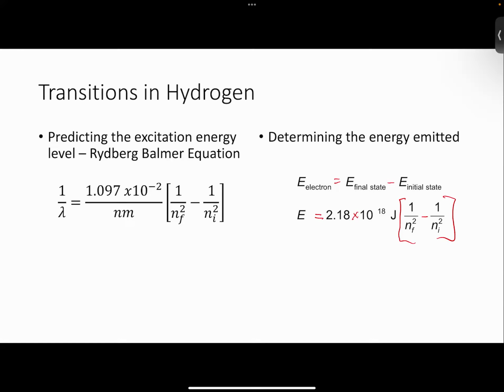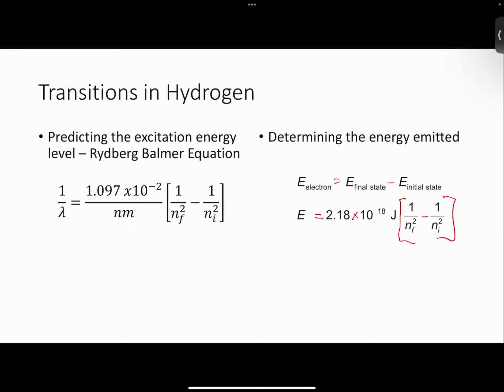Just make sure that the wavelength and the constant match. Again, it's all about matching those units. In this case, the constant is per nanometer, therefore the wavelength would be in nanometers. That's multiplied by 1 over n sub f squared minus 1 over n sub i squared.